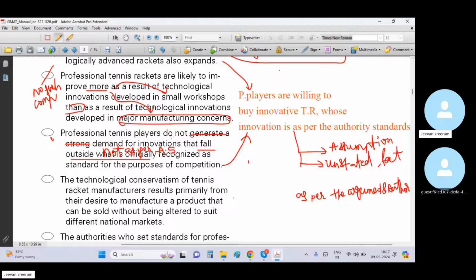They don't buy if it is not as per the authority standards. We have written willing to buy if it is as per the authority standards, right? So just include another not here. Professional players are not willing to buy an innovative tennis racket whose innovation is not as per authority standards. The same, correct? So you can't eliminate this.